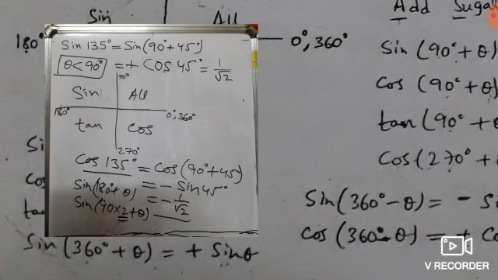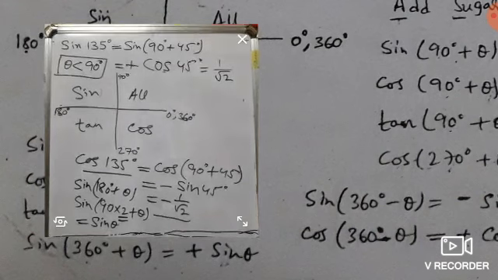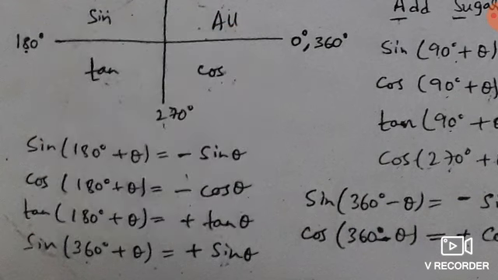So it is an even multiple of 90, and an even multiple of 90 will give sine only. So sine will remain as sine. Now you can see that sine 180 degree plus theta is minus sine theta.